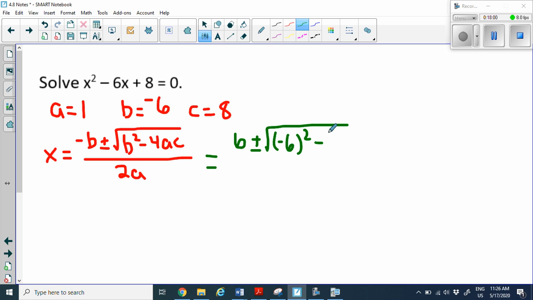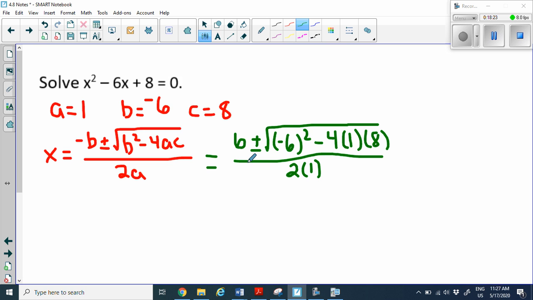Then minus 4 times the a value, which in this case is just 1, and then times our C value, which is 8. And then on the bottom, got a little messy there. That's okay. Then we have 2 times our A value, which is going to be 1.